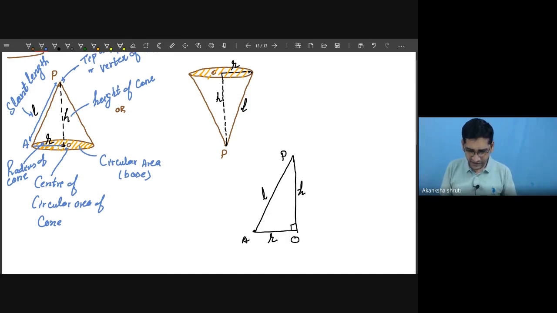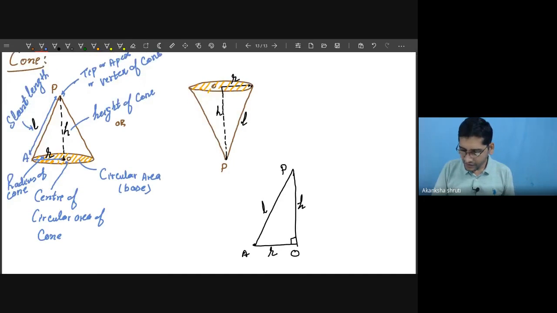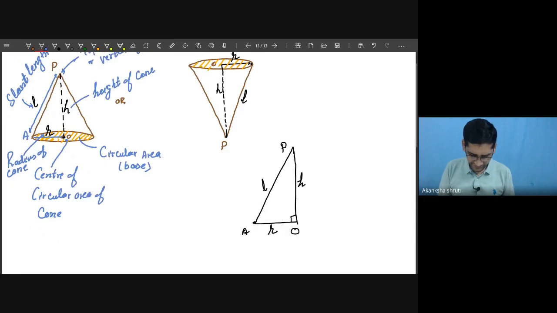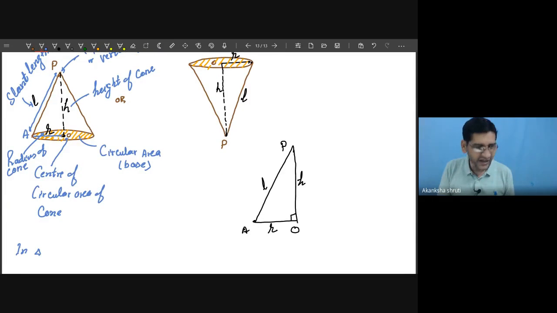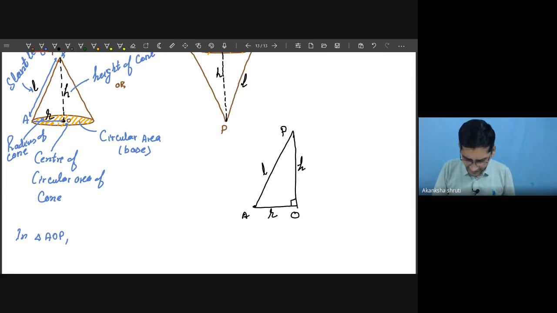So right, in triangle AOP, the angle AOP is 90 degrees. This implies it is a right angle triangle.